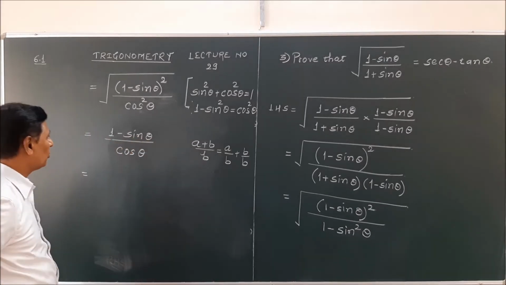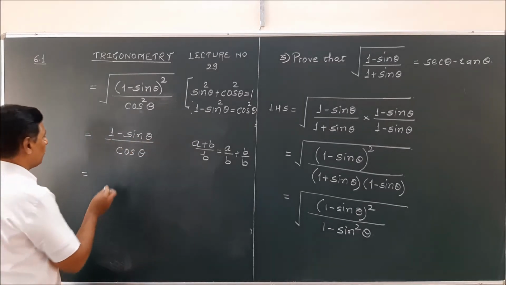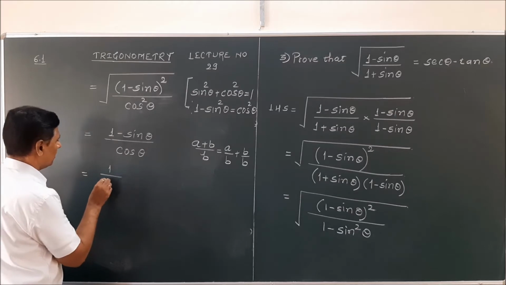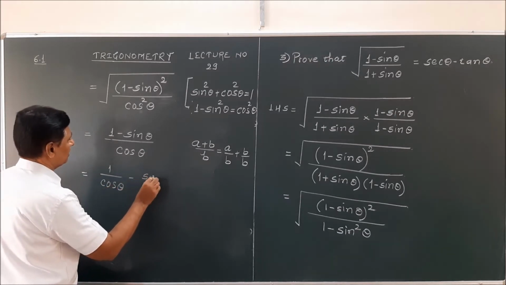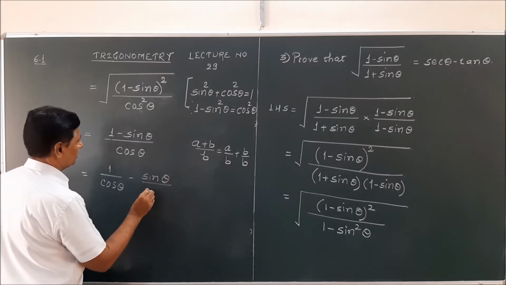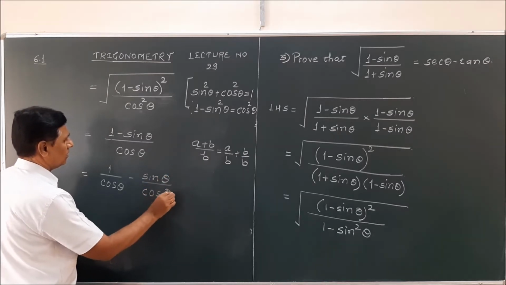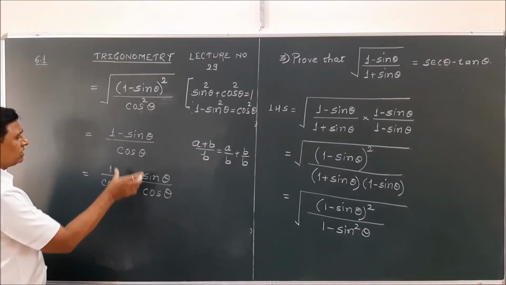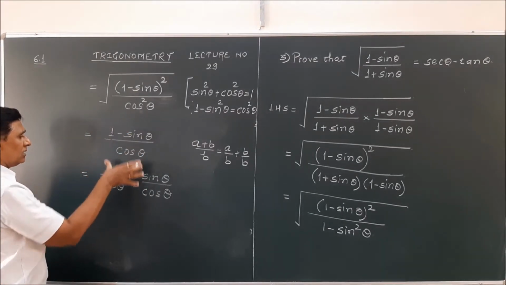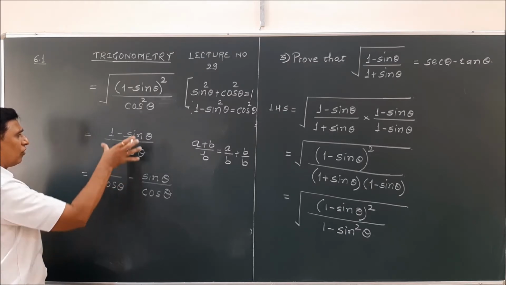In the same way, I am going to write it as 1 upon cos theta minus sin theta upon cos theta. I have not changed the sum at all, because you will find the common denominator. This is a form of this only.